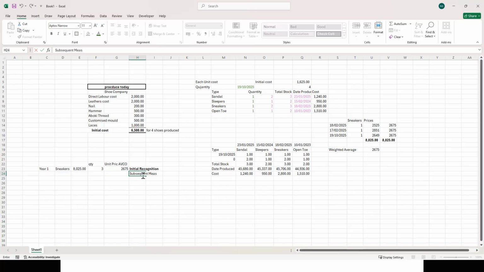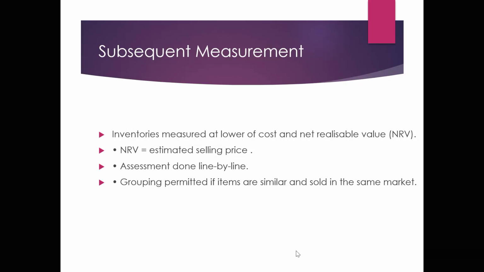Subsequent measurements. IAS 2 says that we have to recognize inventory at what? At the lower of cost and net realizable value, NRV. NRV means the estimated selling price of the goods. That item you have in your shop might not have that value, so you have to do an assessment.